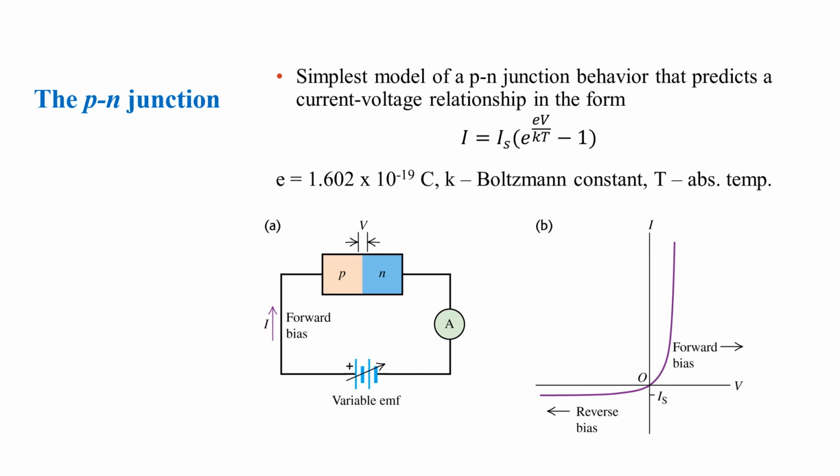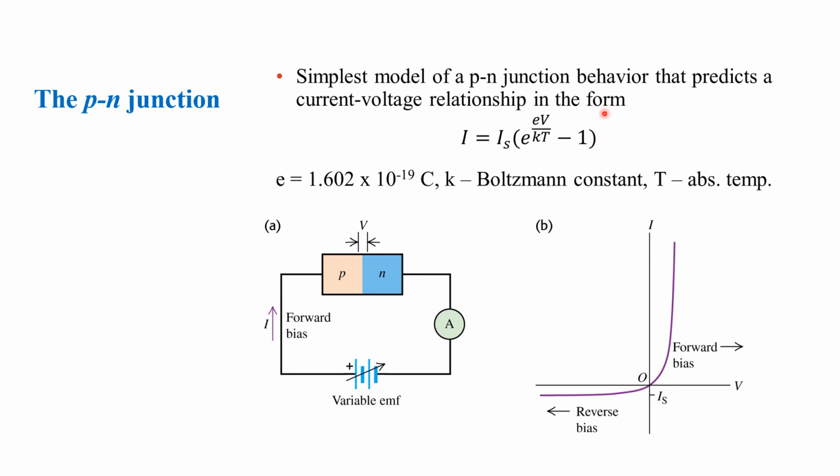The simplest model of p-n junction behavior that predicts a current-voltage relationship is in the form of this equation here. So this graph can actually be modeled by an equation given by I equals Is, your saturation current, times the exponential of e times V divided by kT, minus 1, where e is the charge per electron, V is your voltage, k is the Boltzmann constant, and T is the absolute temperature in kelvins.